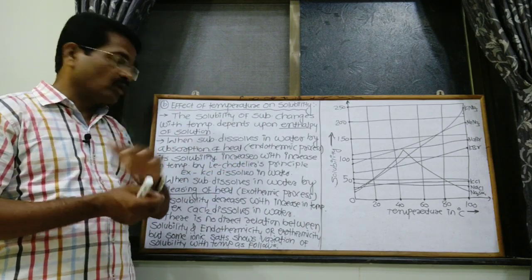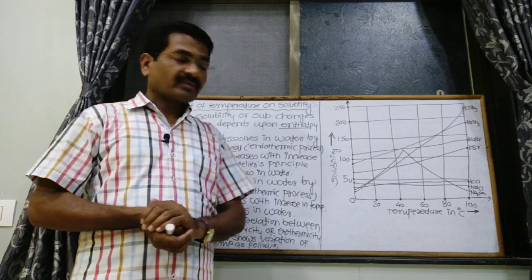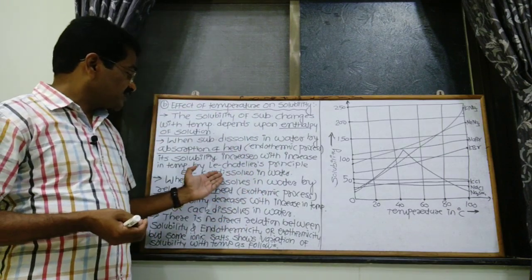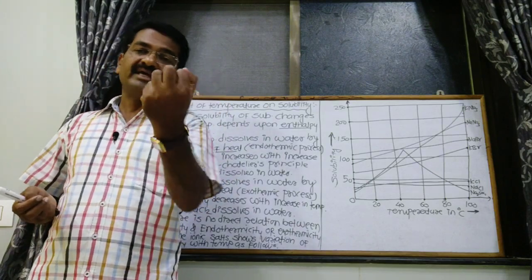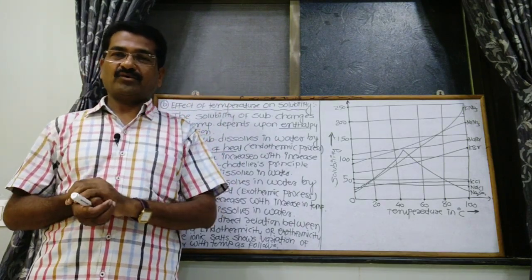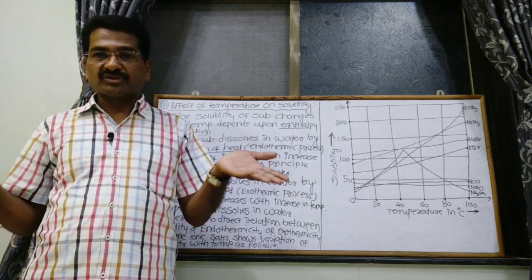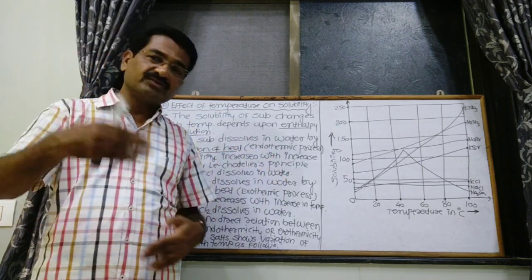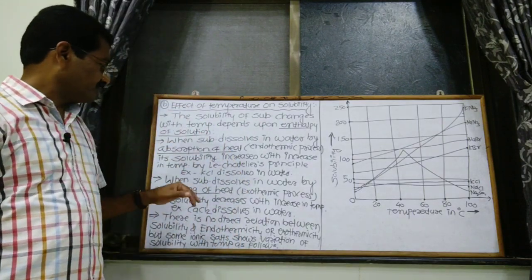KCl, potassium chloride, is dissolved in water. Whenever potassium chloride is dissolved in water, it absorbs heat and undergoes an endothermic process, and its solubility increases with increasing temperature. That is a very simple example.